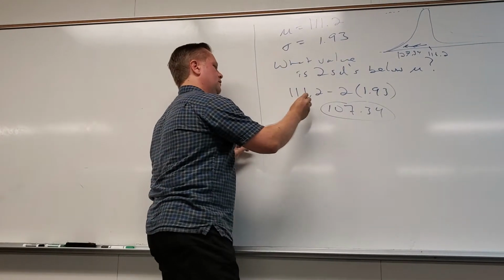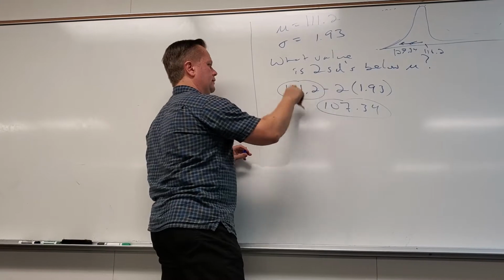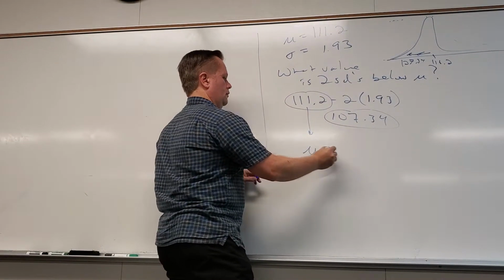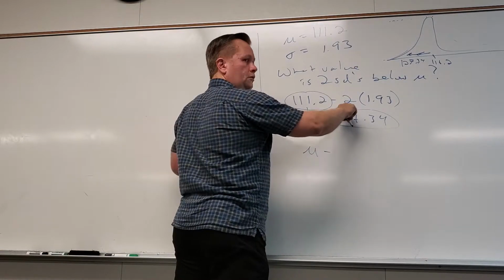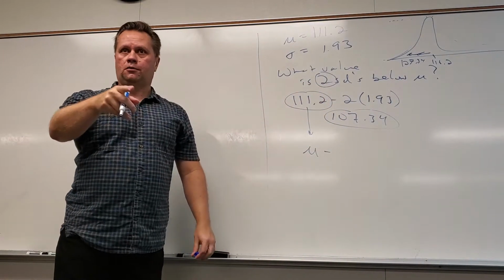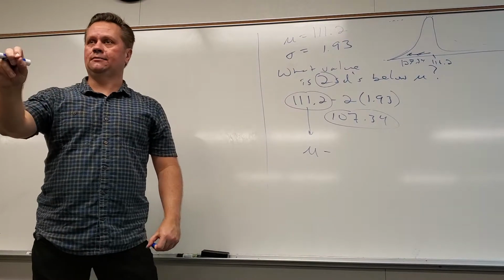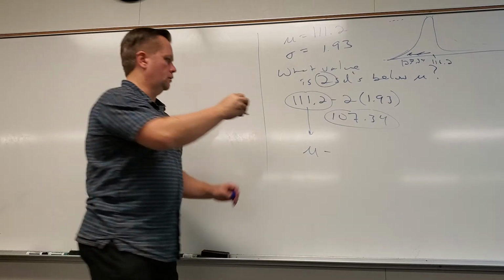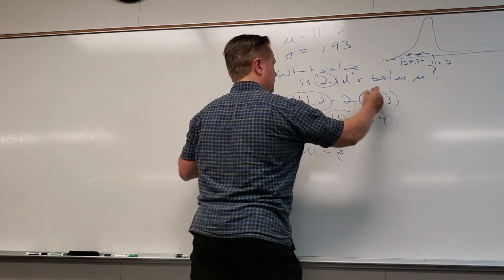Help me out here. Now watch. What idea was 111.2? That was the mean. 2 was the number of steps away I wanted to go. And that's Z. Z measures how many steps from the mean you are. And what was this?